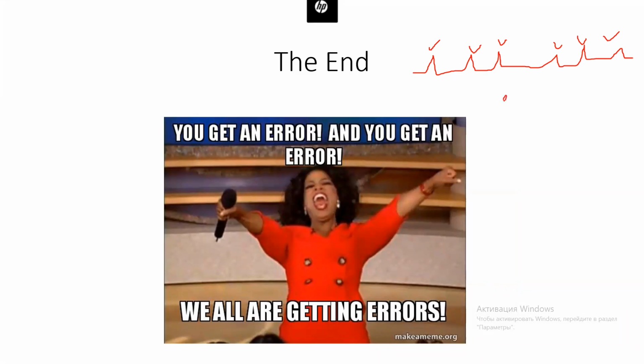But when you have, for example, 300,000 complexes per day, and you have 99% sensitivity, how many complexes will you lose? 1% of complexes will be missing, and it's 3,000 complexes.